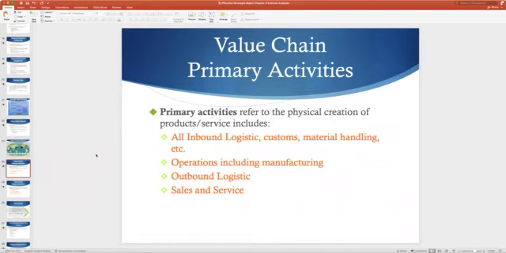Now, when we're doing this, usually the analyst doing this type of value chain analysis has a huge spreadsheet with all of those different products listed and all of those activities related to those products.